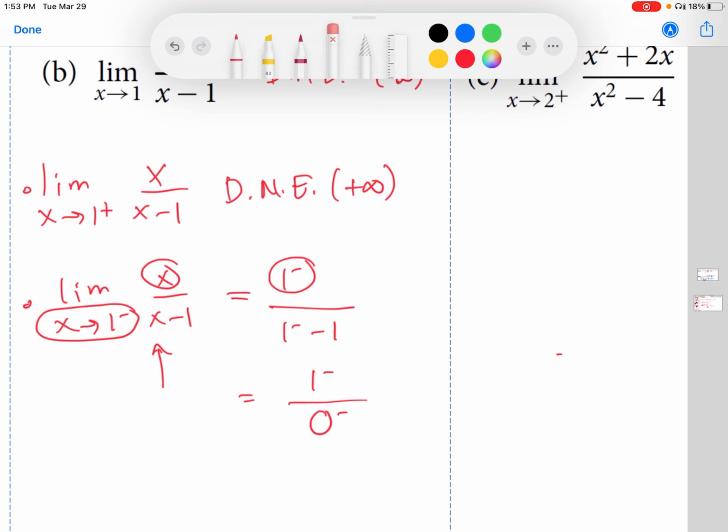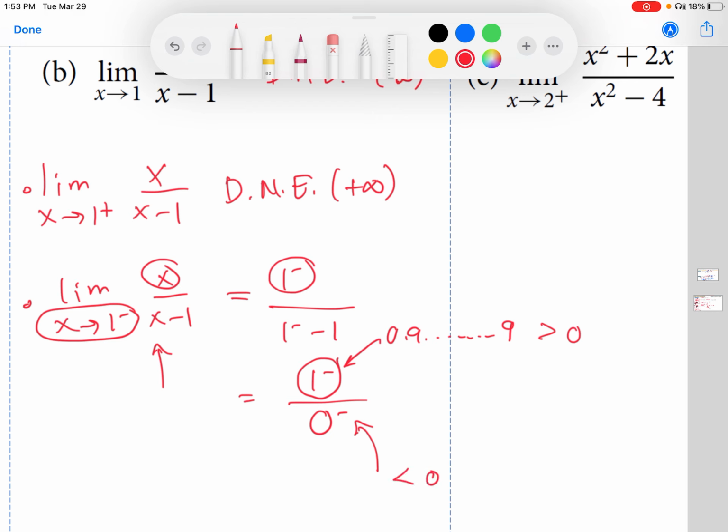Okay, and then the numerator is still 1. I have a positive number because this is 1, but very, very close to it from the left. So this is, again, back to our 0.99999 billion nines. The numerator is therefore positive. The denominator is a number slightly to the left of 0.